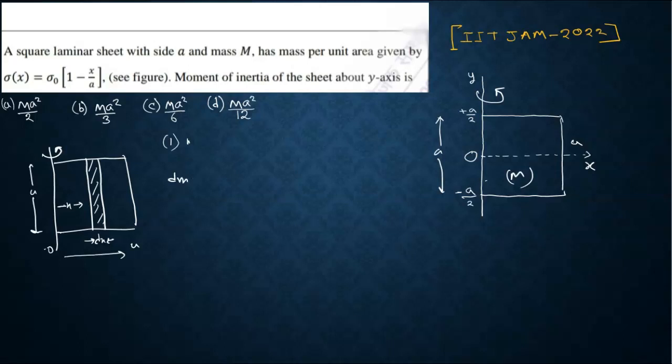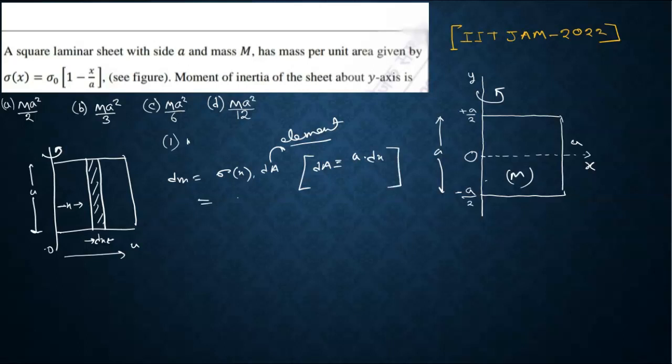So first of all, dm equals sigma x into dA. dA is the area of the element, and the element dA equals A into dx, right?